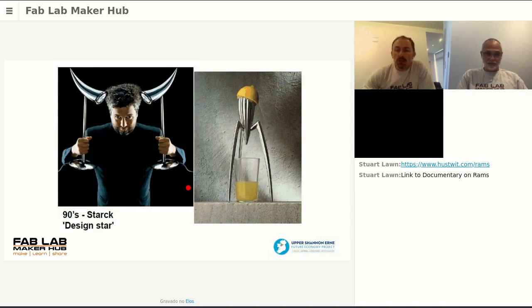A famous designer here from the 1980s and 90s, Philippe Starck. Starck is, I suppose, coined as the first design star. These are some of his early products. He is incredibly, if not the most, influential designer of the last 40 years.